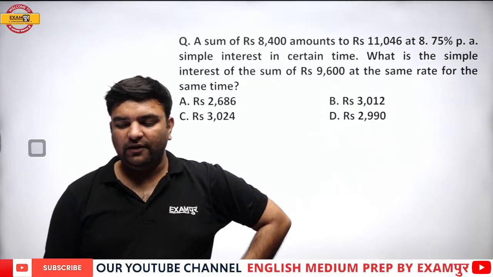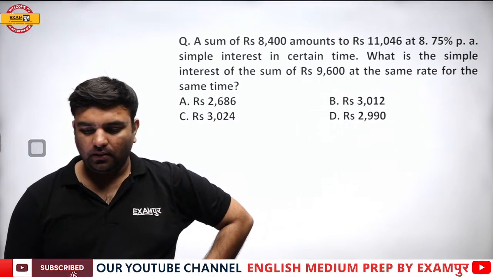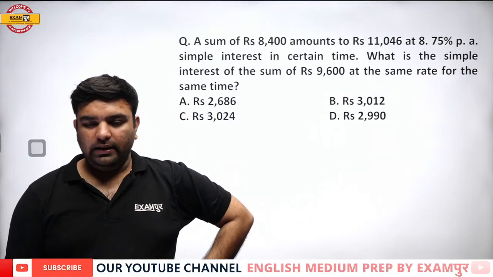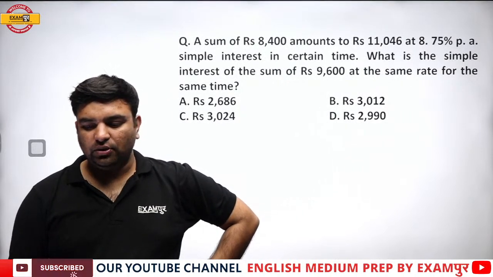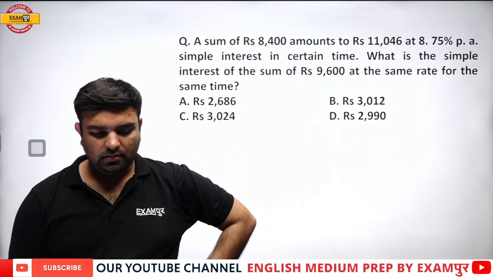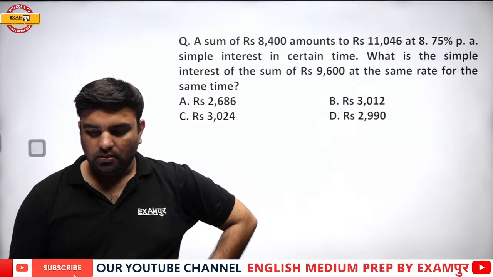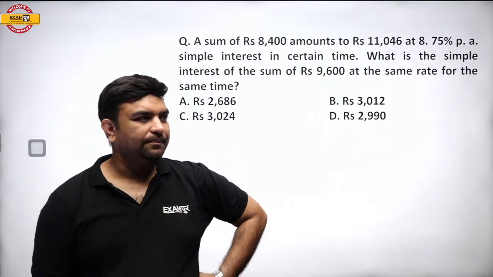8400 becomes 11046 at 8.75% per annum in a certain time. What is the simple interest on the rupees of 9600 at the same rate for the same time?